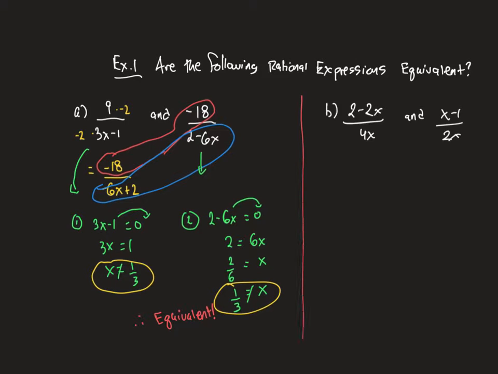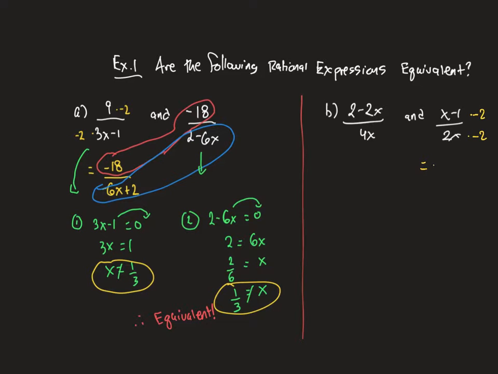All right, so let's try the same thing with this one. Now, I'm going to take a look at these two, and I've got x minus 1, I've got 2 minus 2x. Now I can turn x minus 1 into 2 minus 2x by multiplying by negative 2. And whatever I do to the bottom, I've got to do to the top as well. All right, so let's do that.